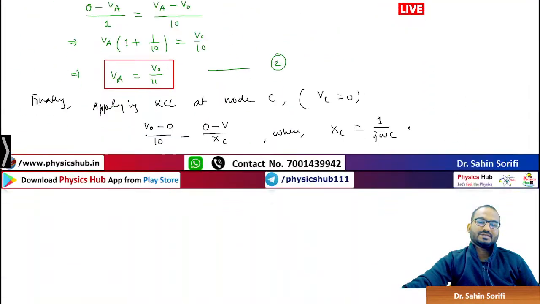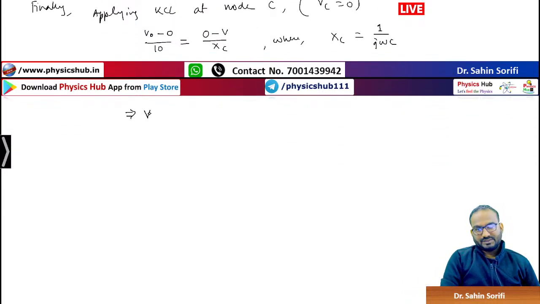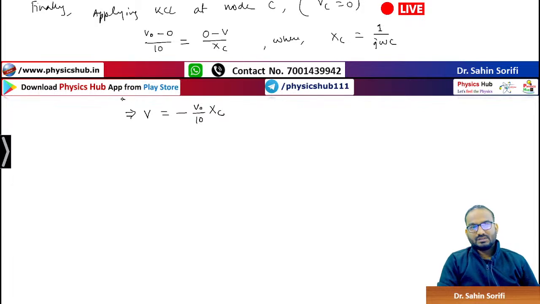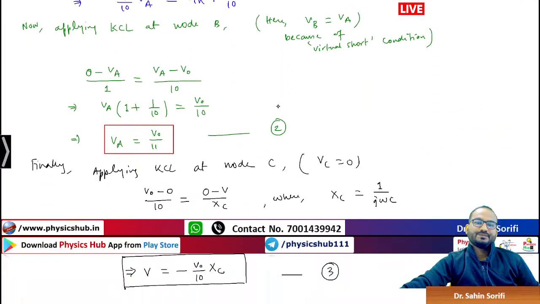For the timing, let's keep XC as XC. From this, we get the value of V to be minus V0 by 10 times XC. Let's call this equation number 3. 1, 2, 3.